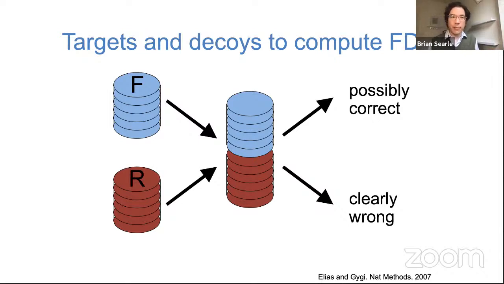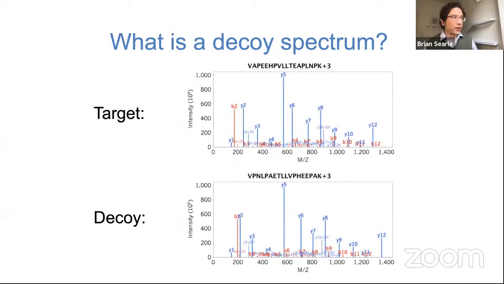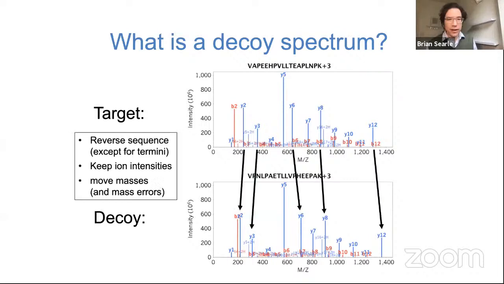You could do the same type of thing with library spectra, where you've got target spectra, and then you can construct decoy spectra. The way we construct these decoy spectra is we take the sequence and then we reverse the sequence except for the termini. So in this particular case, we keep the V and the K of the peptide the same, and then we reverse all of the sequence in the middle.